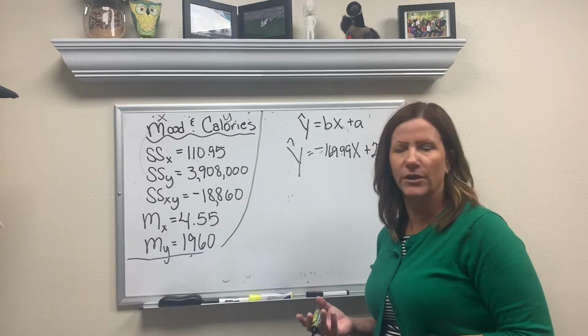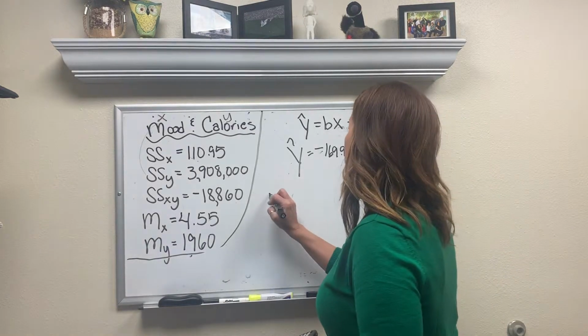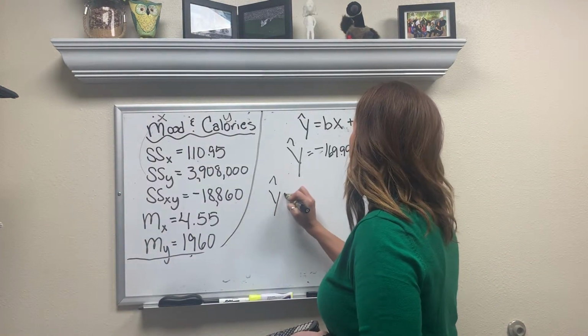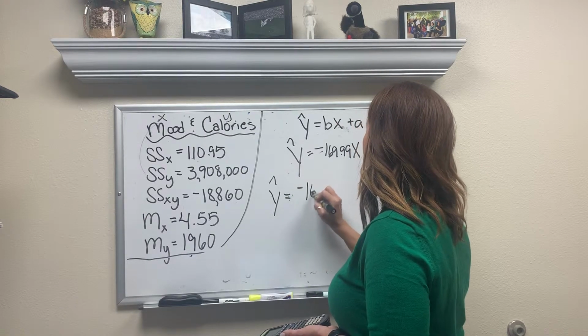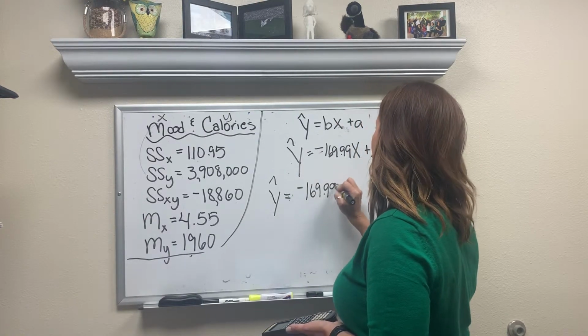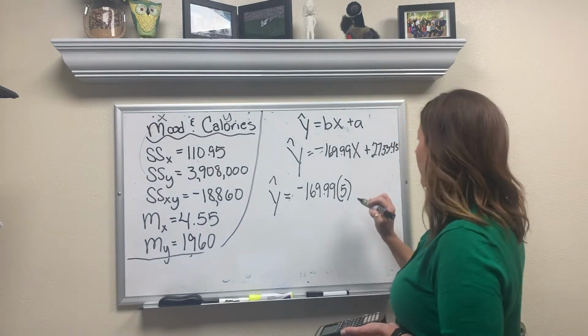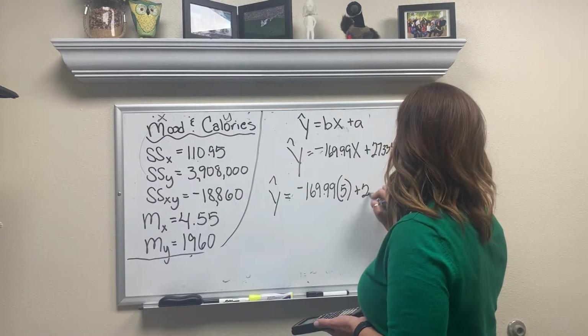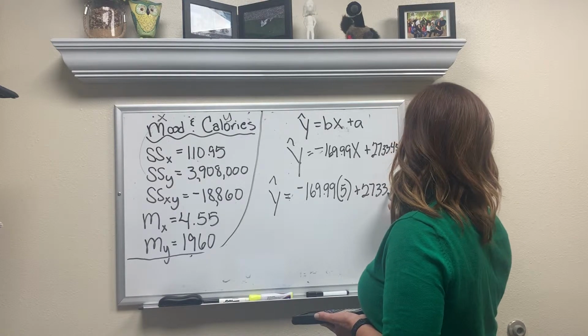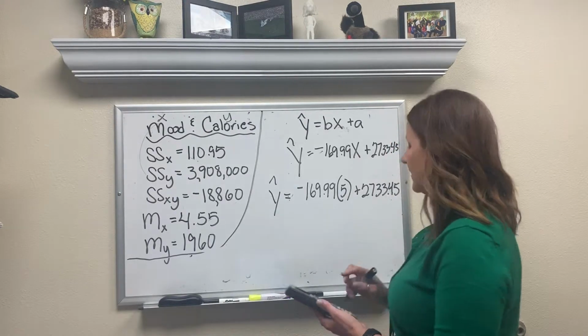That's the kind of question that it would be. So then I would just plug that in. Y equals negative 169.99 times 5, because 5 is my mood score, plus 2,733.45.